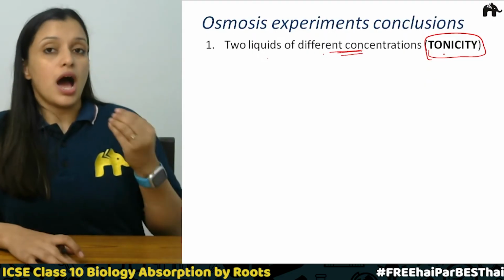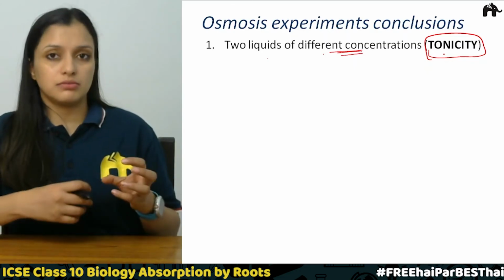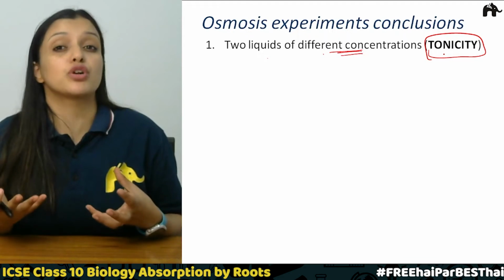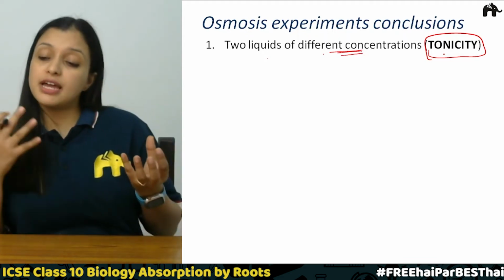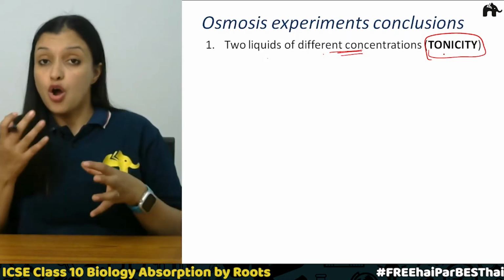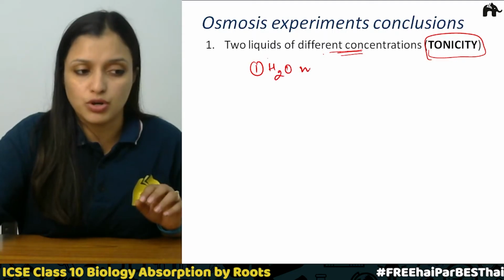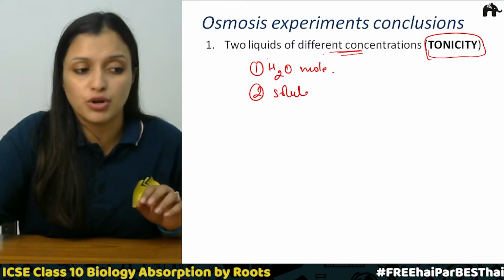And now how can we refer to them? Either we can refer to the tonicity in terms of the water molecules. So one has a higher concentration of water molecules and another has a lower concentration of water molecules. So the first is in terms of water molecules, right? Now the second is solute molecules.